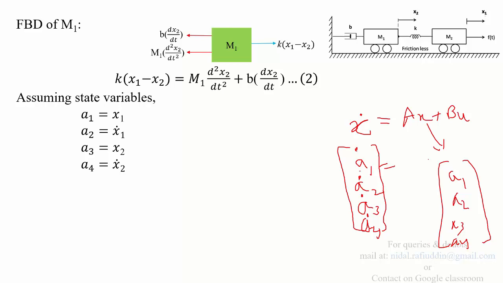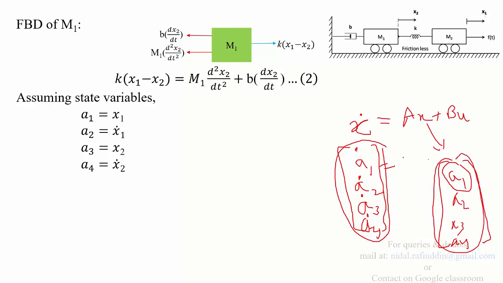If you choose a1 as the first element, a2 as second, a3 as third, and a4 as fourth element, then you are bound to choose the same order here. In case you choose the first element here as a2 or a3 or a4, that would become incorrect, so you won't get the right answer. The order you choose for the state variable change should be the same as the order you choose here for the state variables.